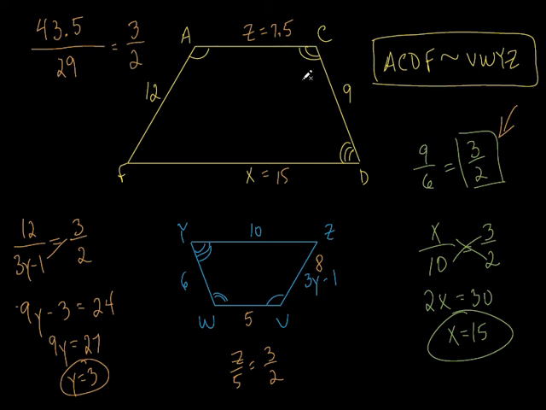Check it out. What did we say our scale factor was? 3 halves. Look what I did. I took all the sides and added them up. So basically, here's the theorem. It's theorem 7.1, on page 467. I'm not making you memorize these theorems. But if I took the perimeter of this and the perimeter of this, I could find out that the perimeters are in proportion with the scale factor.